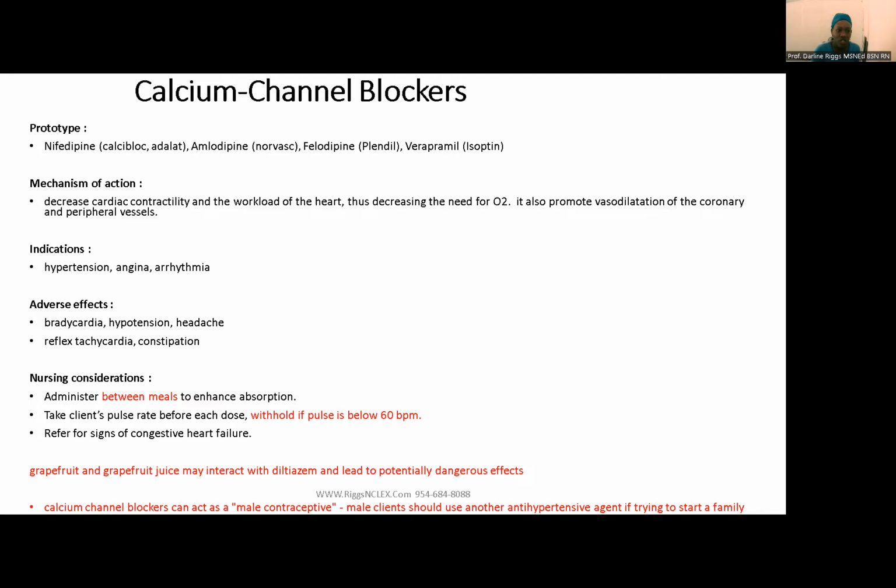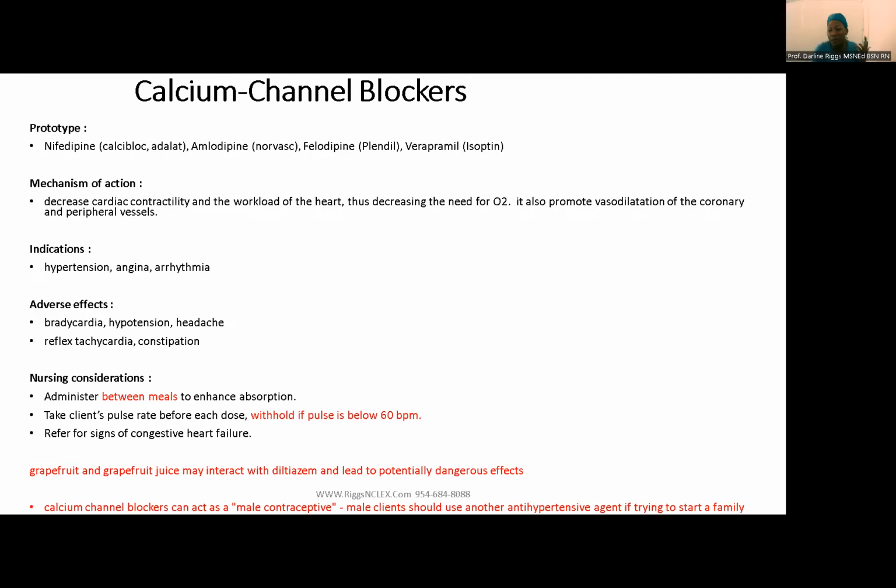Here's another test question I want to remind you of, specifically with the calcium channel blockers. I've mentioned it before in previous lectures. Calcium channel blockers do not mix with grapefruit and grapefruit juice. Okay? Like diltiazem. It's like you're double dosing. The drug is going to be at a very dangerous level.